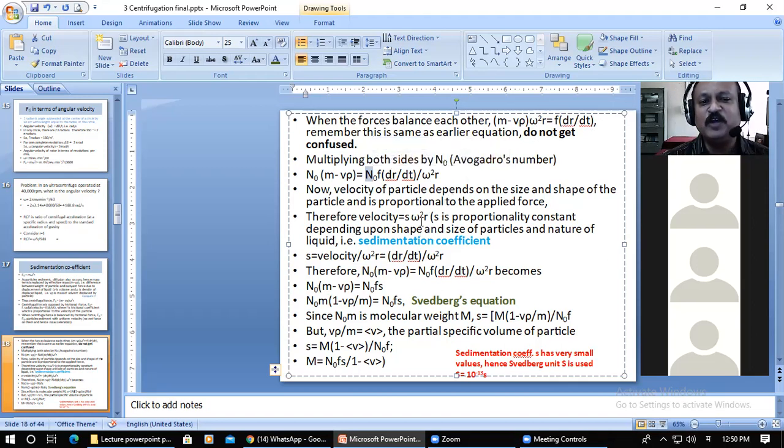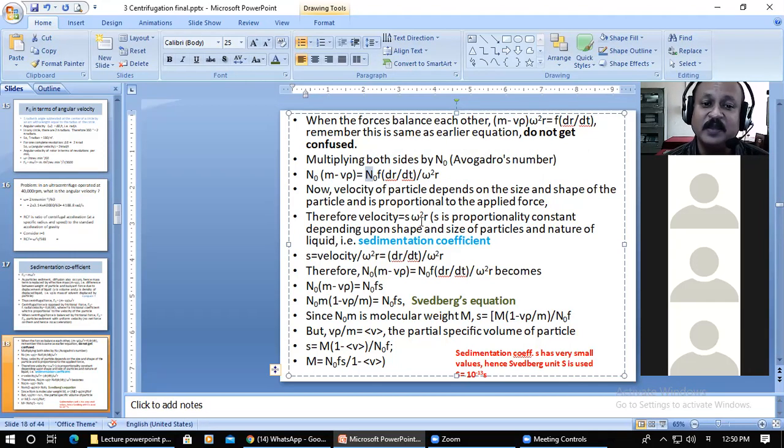And then I should tell you one more thing, that the velocity of the particle in a liquid will depend upon the size of the particle as well as the shape of the particle. It is proportional to the applied force. The more is the centrifugal force, more will be the velocity of the particle. Less is the centrifugal force, less will be the velocity.